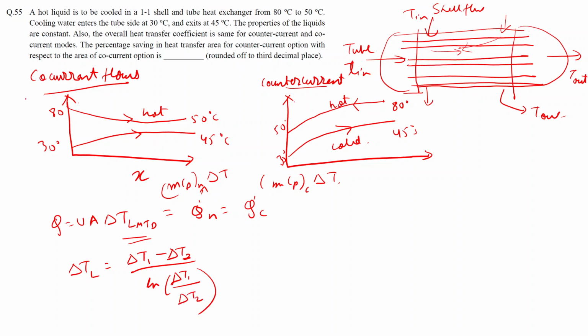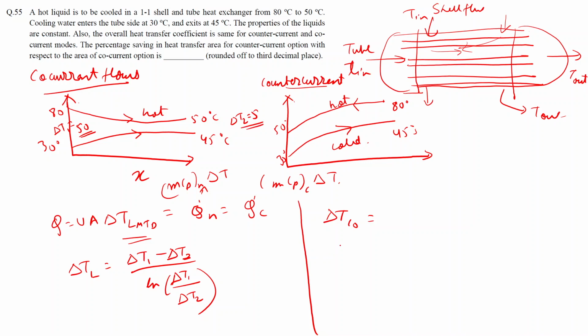So the log mean temperature difference for co-current flow, we will find as delta T CO. Here delta T1 is 80 minus 30, which is 50, and delta T2 will become 5.